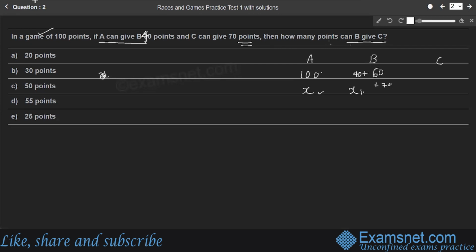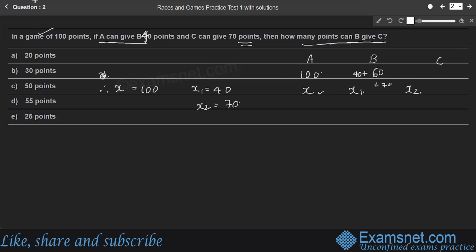So let x be the number of points A has, x1 the number of points given to B, and x2 the number of points given to B by C. Therefore, here x is equal to 100, and x1 is 40 points given to B by A, and x2 is 70 points given to B by C.